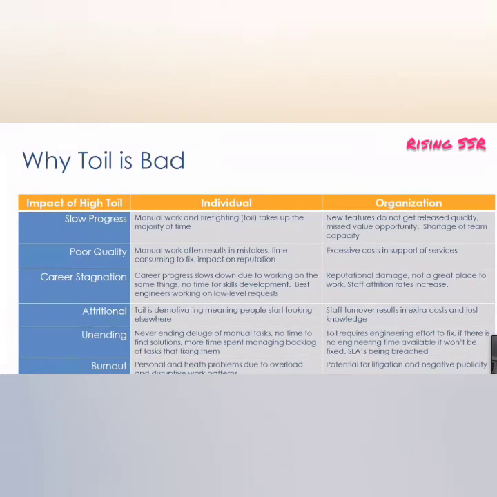Now, why is toil bad? I think all of us know why it is bad, but just in a structured way. It slows down the progress. Nothing new in that. Definitely, anything which is manual in nature, repetitive in nature, it slows down the progress. It reduces the velocity of the work, right?